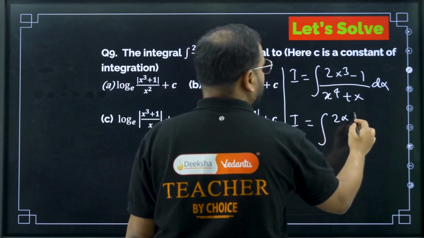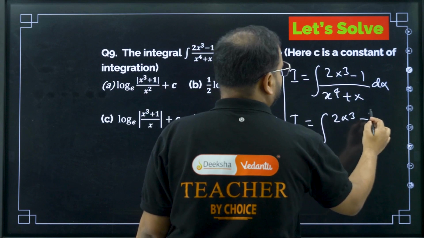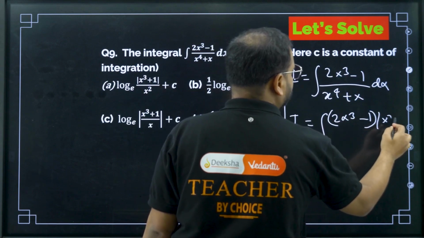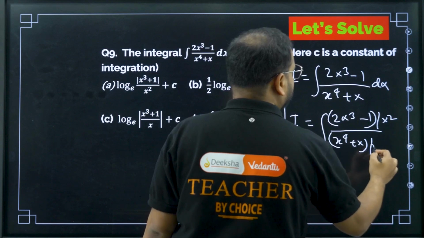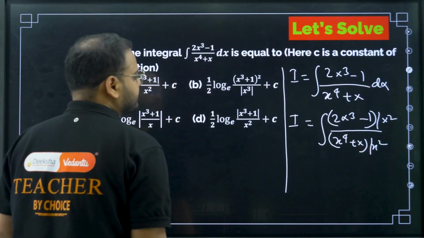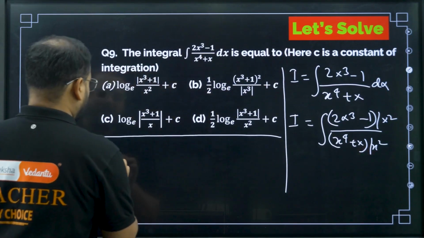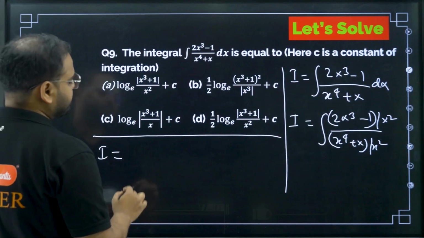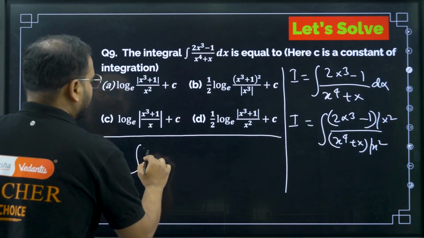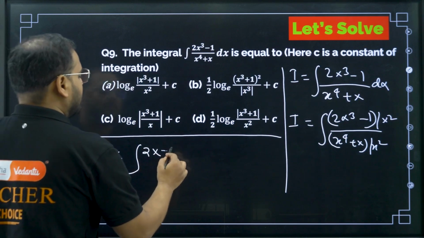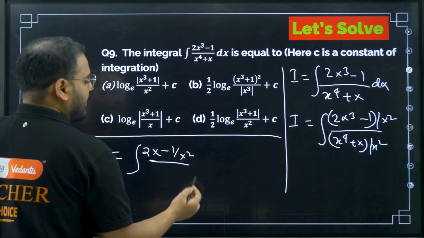So I get 2x cube minus 1 whole thing divided by x square, upon x power 4 plus x divided by again x square. What I'm gonna get, please check. I'll get my I value as integration, there's no limit over here, sorry. So you're gonna get 2x minus 1 by x square, correct?